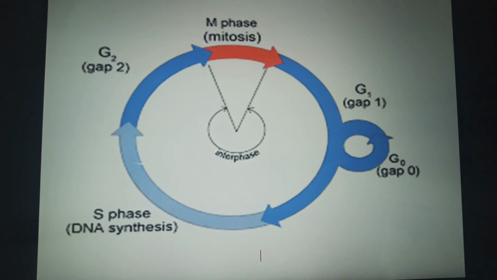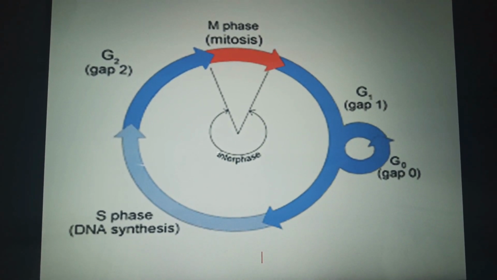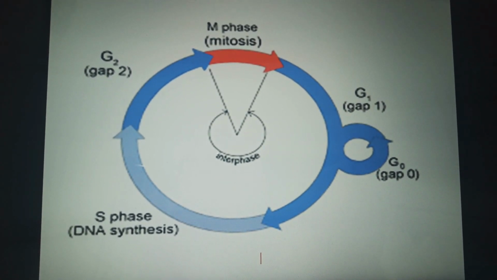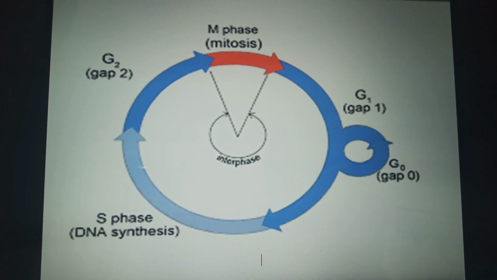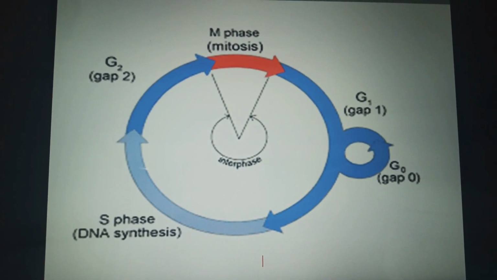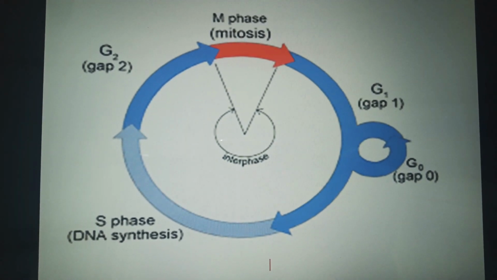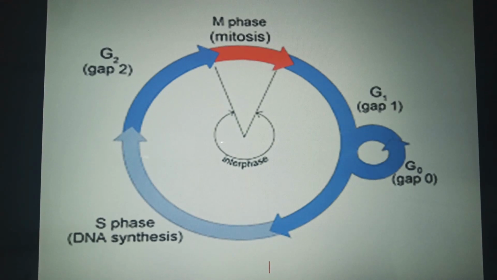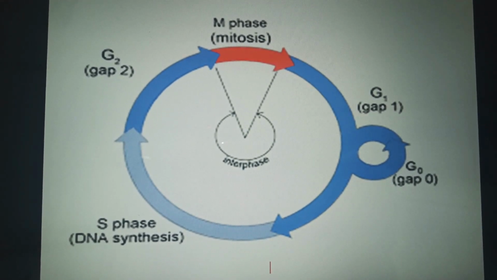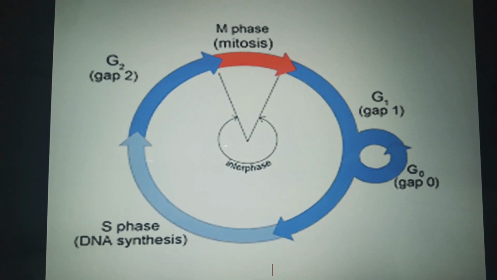This interphase is divided into three phases: G1 phase, that is first gap, S phase, that is synthesis, and G2, that is second gap. Typically, interphase lasts for at least 90% of the total time required for the cell cycle.